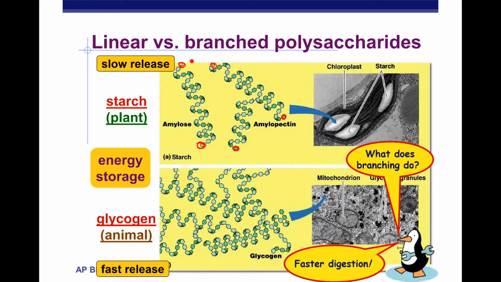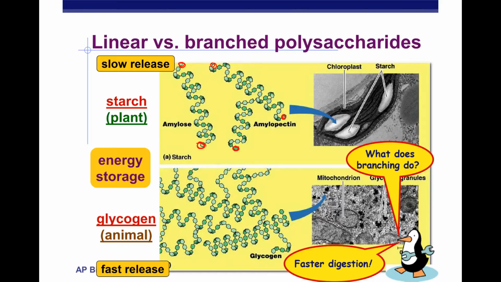So on this molecule, there'd be only really one or two places to start. You'd have to start breaking it down this way, or you could start breaking it down this way, but you have to break it off molecule by molecule, which would take a long time. Same thing with this molecule over here. You could start on this end, or on this end, or on this end, but there are only three locations you can start from, and you'd still have to break it down molecule by molecule by molecule. So again, it would take a long time.